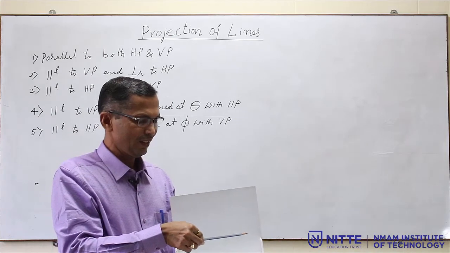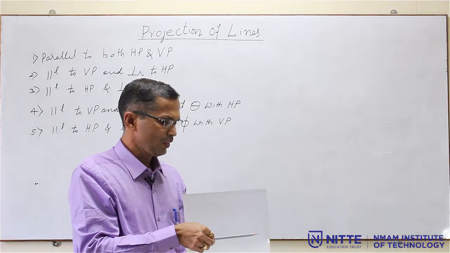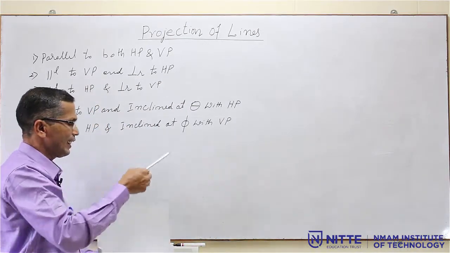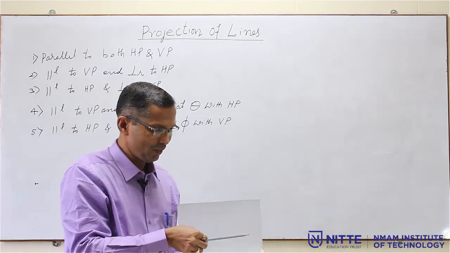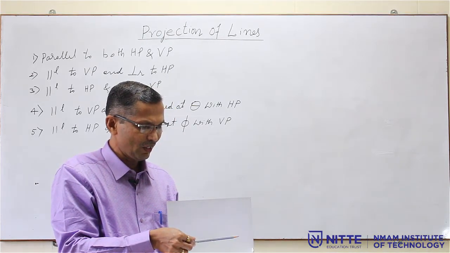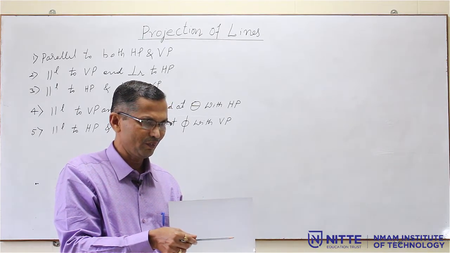Now, this is the condition where it is parallel to both the planes. So, I have to keep it parallel to HP and inclined at an angle of phi with respect to VP. So, now it is parallel to both HP and VP. So, I have to rotate it like this.